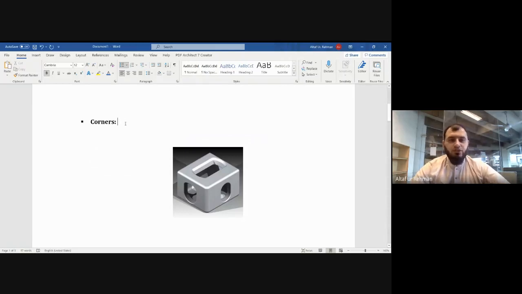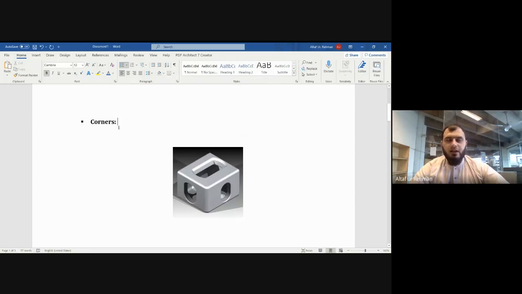Then we have the issue of corners and edges. If there are corners and edges, they must be filleted, such that you can see here that these edges are blended, or the internal edges are filleted. So what is the issue actually?